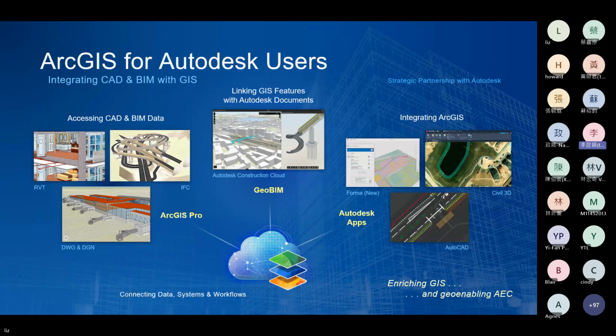So we're advancing initiatives with Autodesk to bring on-demand spatial data to a broader set of users across different systems. This includes GIS teams, project coordinators, and engineers accessing ArcGIS from their familiar platforms such as AutoCAD and Civil 3D.